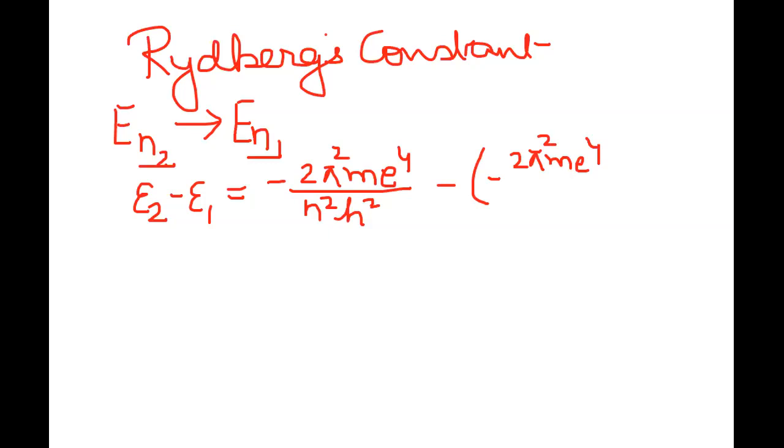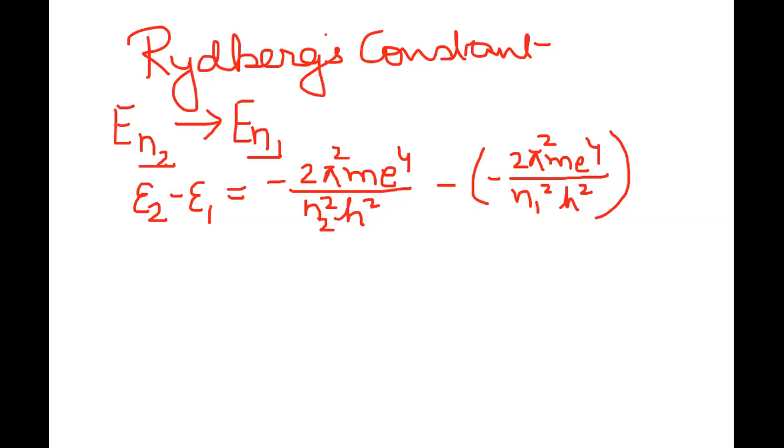Here this is n is 2 square h square, and here this one will be n is 1 square h square. So this is within brackets, because in this case the minus sign has to be understood correctly.